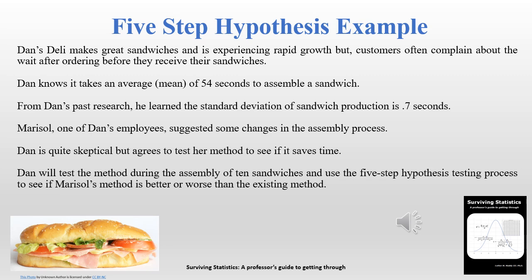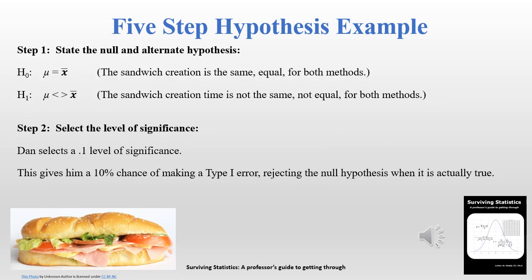Step number 1 for Dan is to state the null and the alternate hypothesis. The null hypothesis is that there's no difference: the population mean of the way he's been doing it is going to be exactly the same as the new method that Marisol has proposed. The alternate hypothesis is that there is a difference.